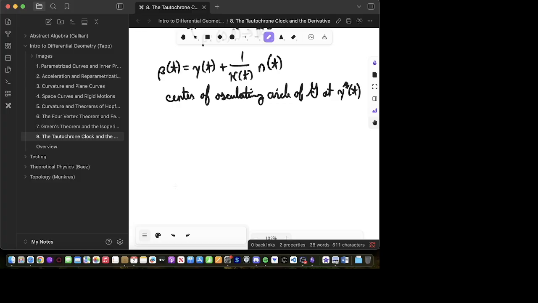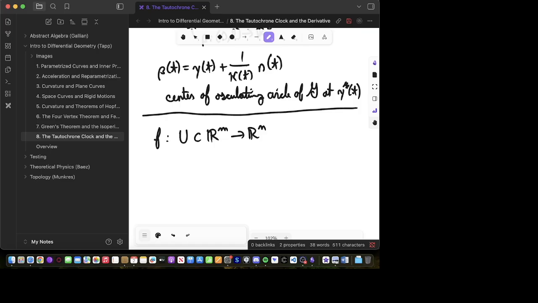So, suppose we have a function. Let's do that. Suppose we have a function f from an open set U, which is a subset of R^m, to R^n.